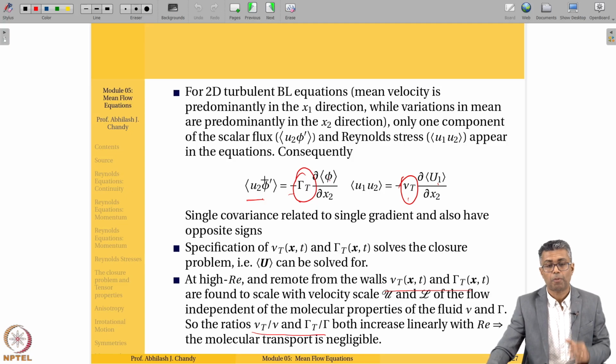We are saying that it is proportional to the mean scalar gradient, and the constant of proportionality is possibly a turbulent viscosity, possibly a turbulent diffusivity. We know that there is actually data that contradicts this hypothesis. However, this is the simplest way to move forward and have the closure problem solved, and this helps you solve for u mean and phi mean.